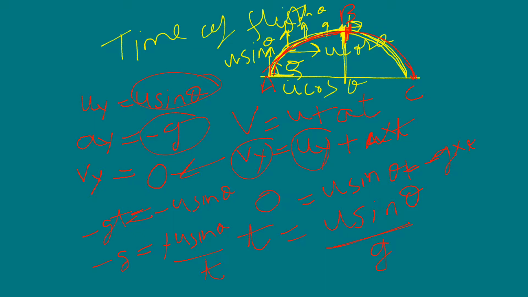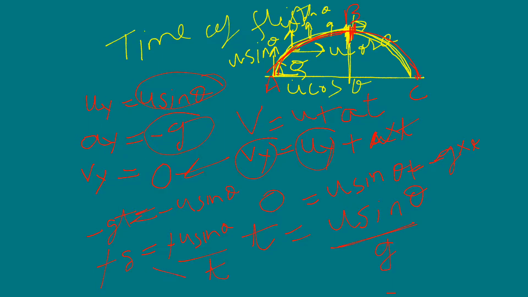Here we take t in this direction, and g we bring down. So t equals u sin theta upon g. This is the same thing we got here. So this is the time of flight from A to B.